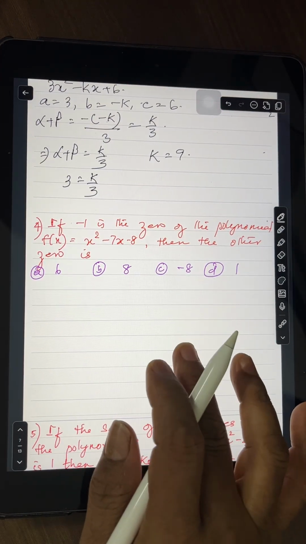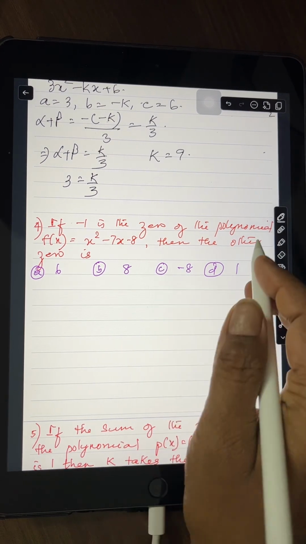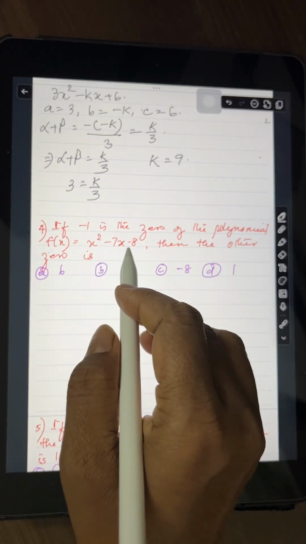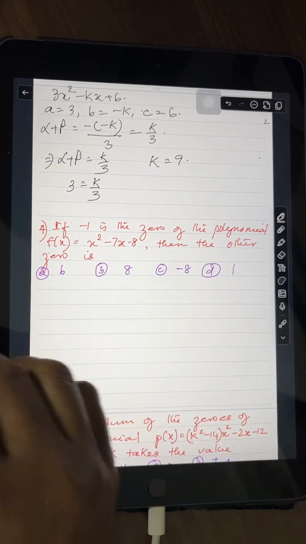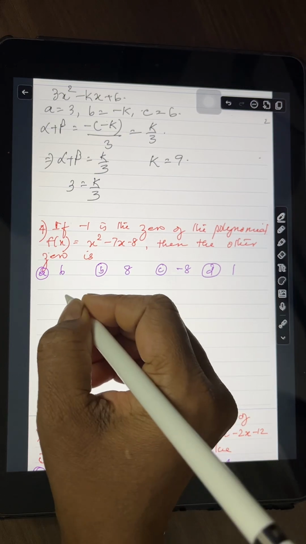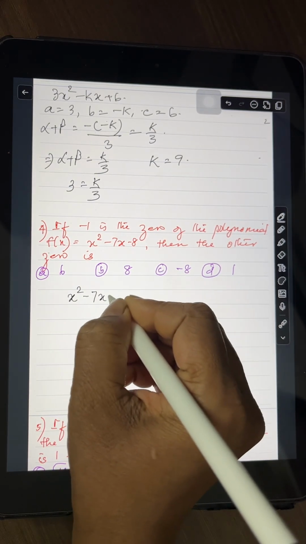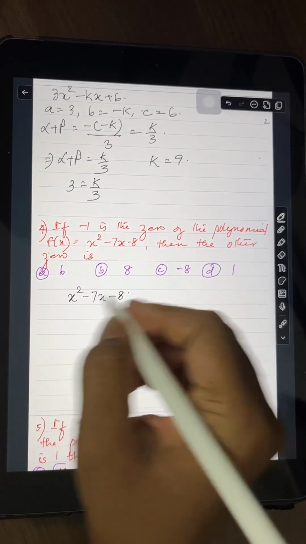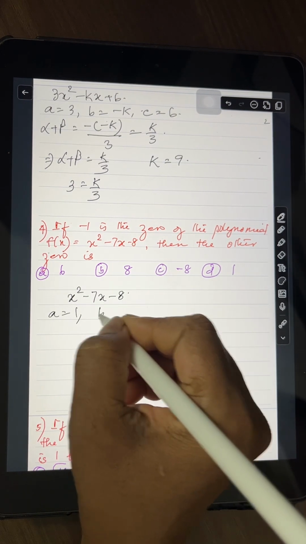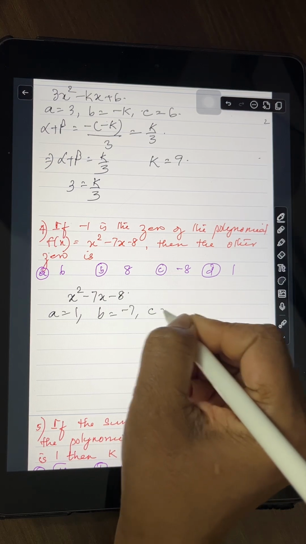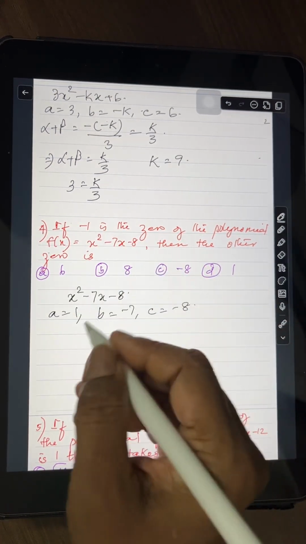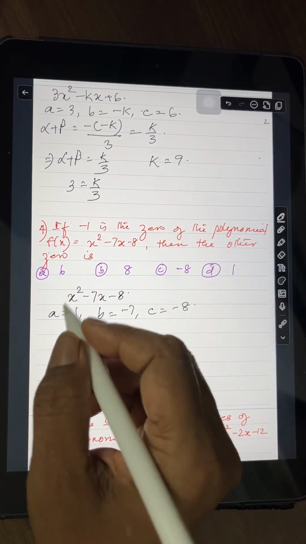Okay, if minus 1 is a zero of the polynomial f(x) equal to x square minus 7x minus 8, then he is asking for the other zero. What is a here? 1. What is b? Minus 7. What is c? Minus 8. One of the zeros, just like the previous one, is minus 1.